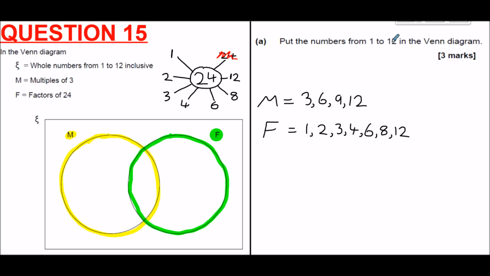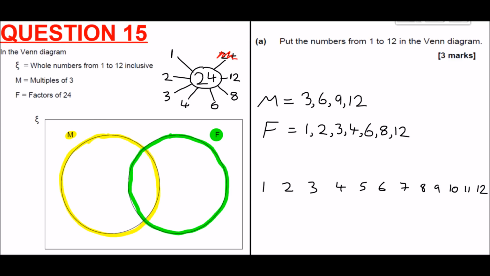And so if we were to list the numbers from 1 to 12, just down here, almost running out of space, got there just about.